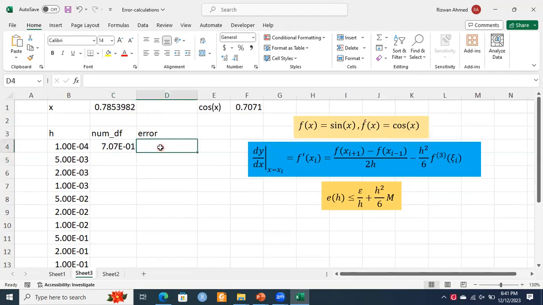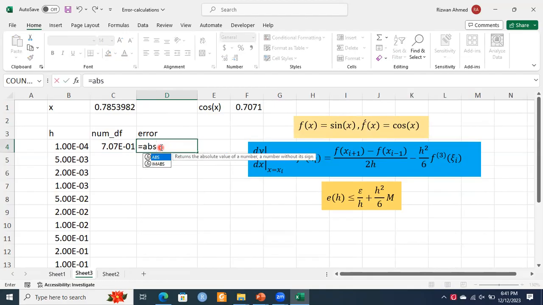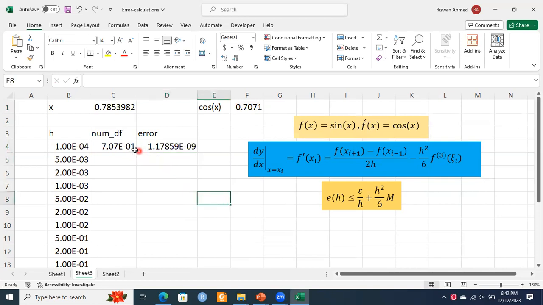Then let's compute its error from the exact value. So I write the absolute function: the approximation minus the true, analytical value, and the absolute error of these two. Then I will repeat this task for all the step sizes.